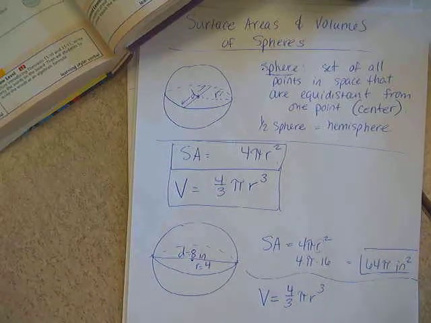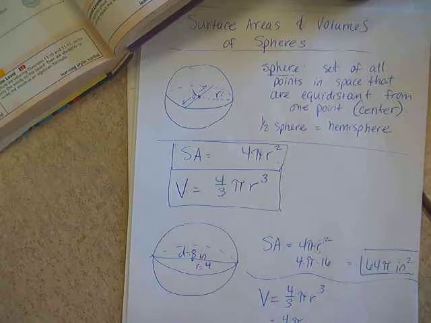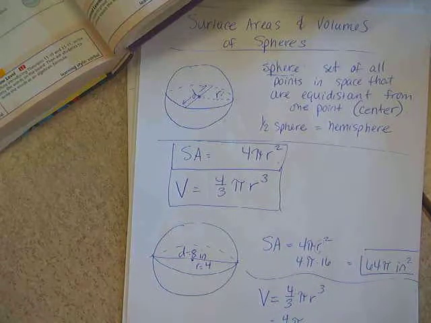For the volume, we have 4/3 pi r cubed, so your radius is 4. Depending on your calculator, remember, r cubed would be 4 times 4 times 4.